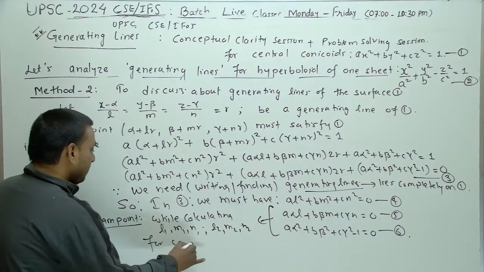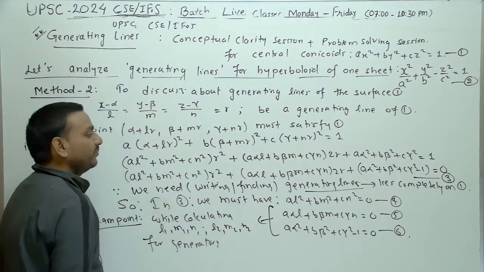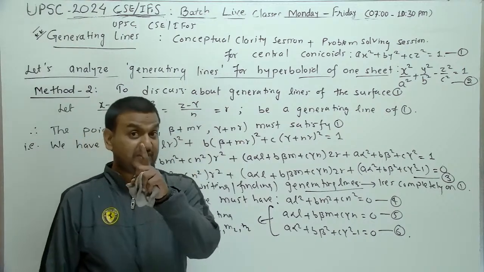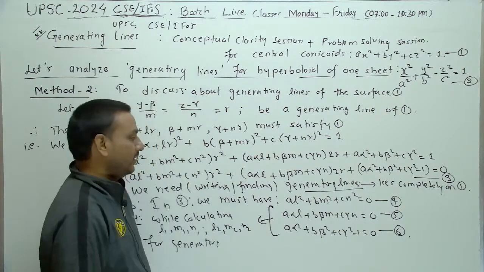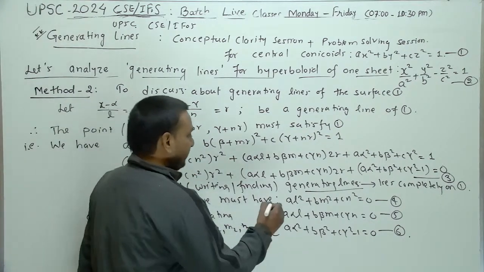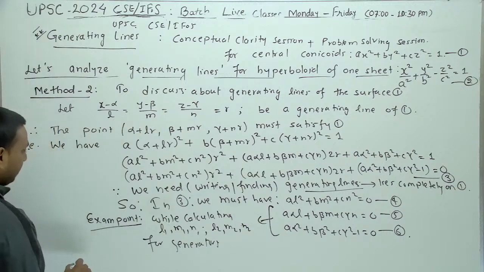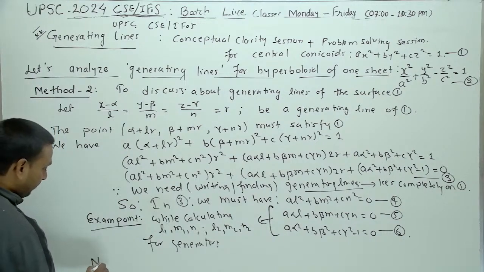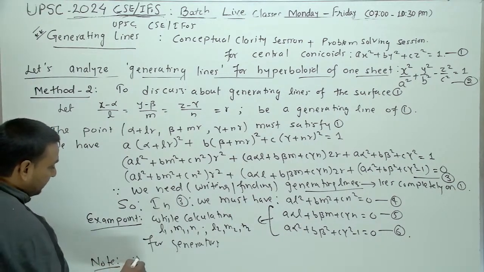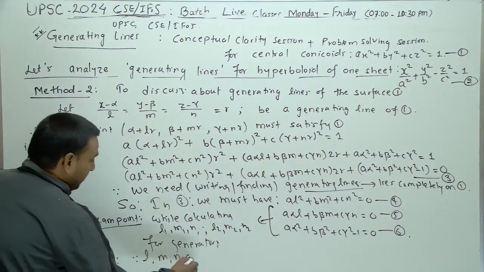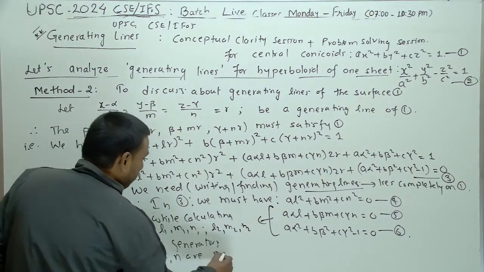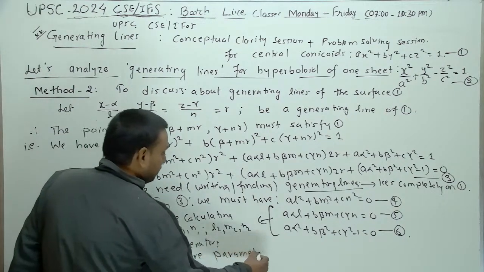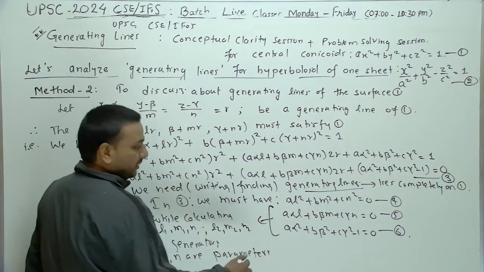For generators. आगे आइए, ध्यान से देखते रहिएगा प्यारे बच्चों. Since l m and r are parameters for us because we have taken those, right?